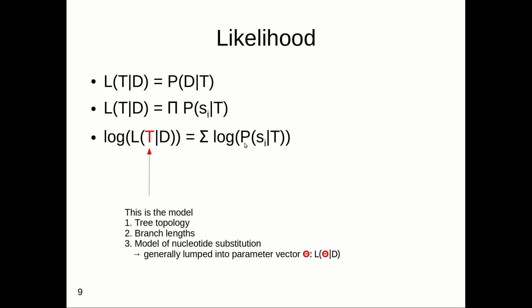Right. And what is shown as T here is actually the model, right? It doesn't only consist of the tree topology, but it also comprises the branch lengths as well as a model of nucleotide substitution. What is generally done when describing those models, as you can see in a lot of papers, is that all those parameters that make up our model are typically lumped into this parameter vector theta that we have already seen in the lecture about MCMC methods.